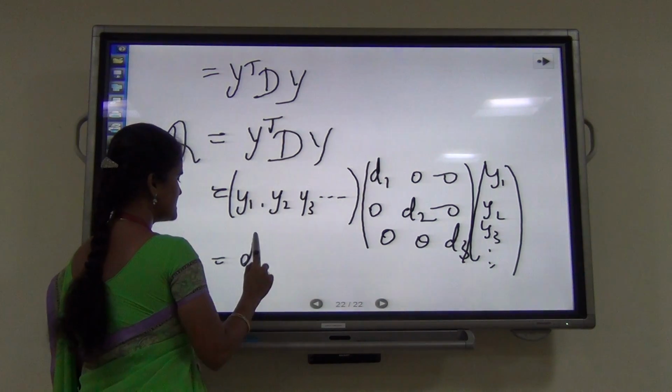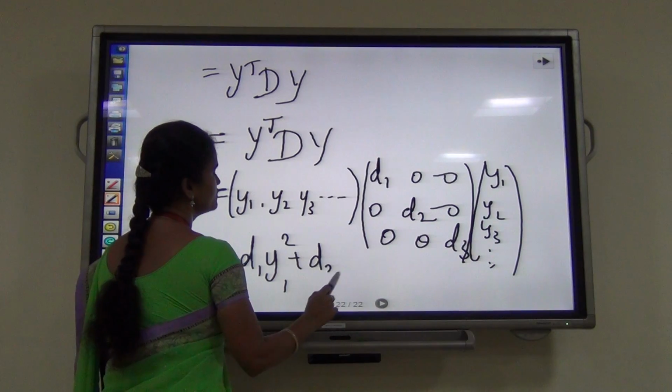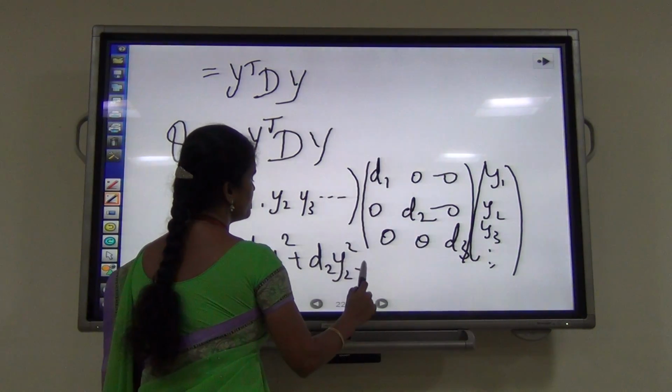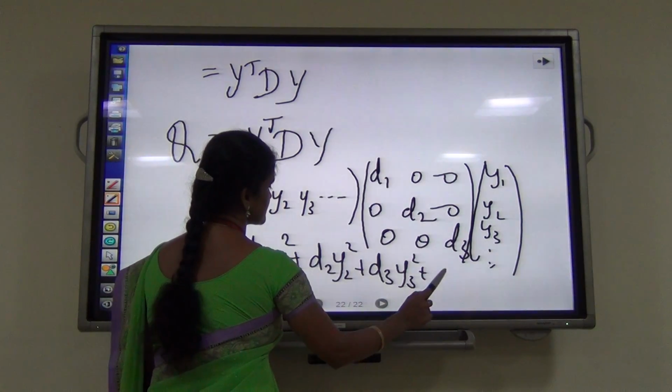We get D1 y1 square plus D2 y2 square plus D3 y3 square plus etc.